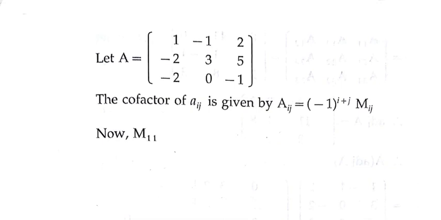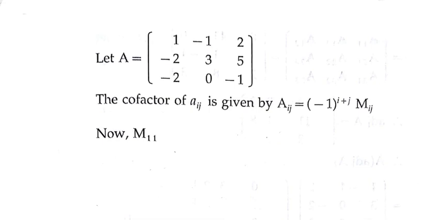Now the minor M11, that is, the element at the first row, first column. For finding the minor at position 1 1, we are going to delete the first row and first column.